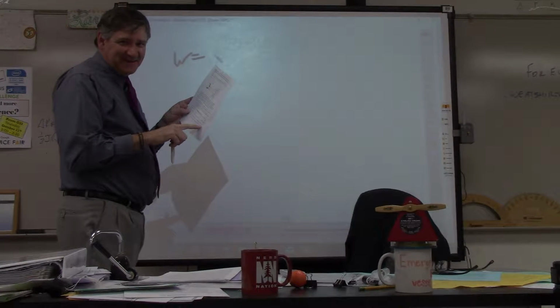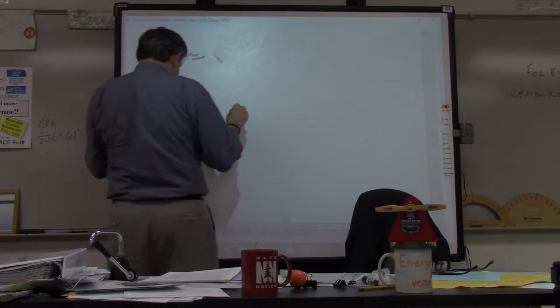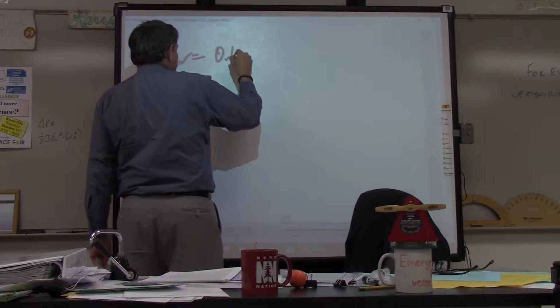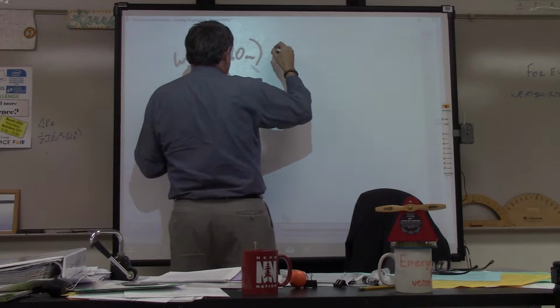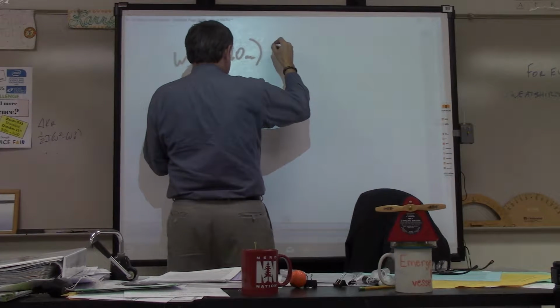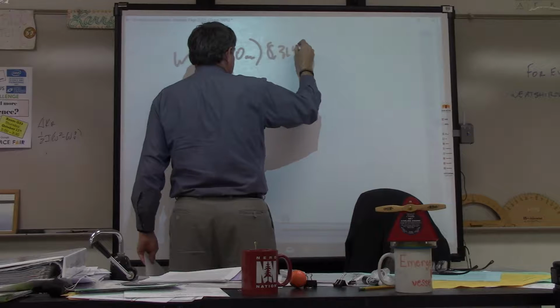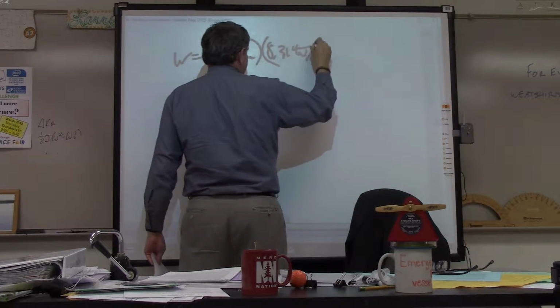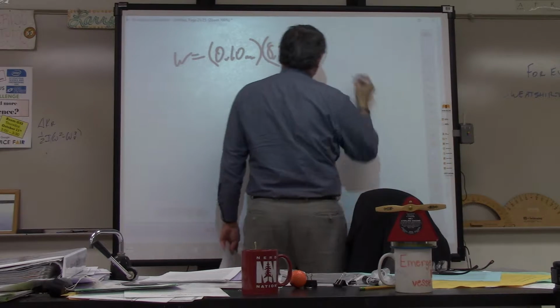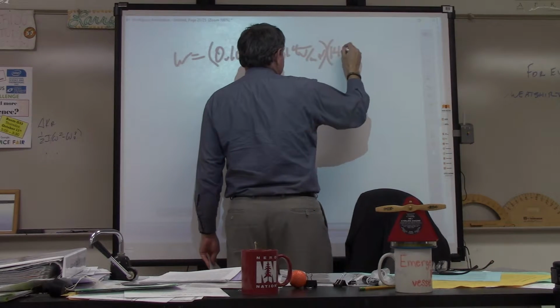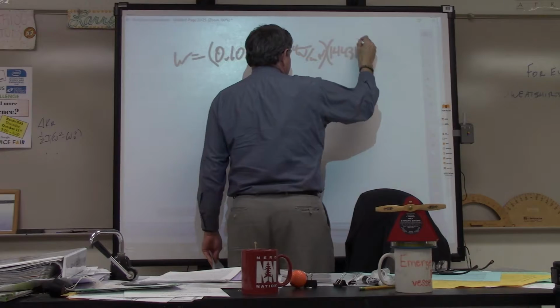So I've got N, which is 0.10 moles. And then I've got R, which is 8.314 joules per mole Kelvin. And then I've got my temperature now, 1443 Kelvin. That's how many joules each mole makes.